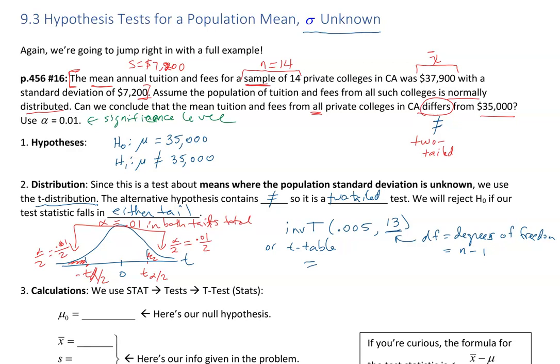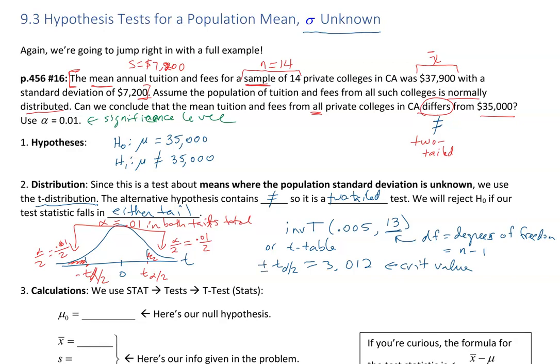Either way, we get the positive version of our critical value to be about 3.012. And so we have the positive version and also the negative version. When we redraw our picture in our comparison step, I'll put them both in there. Okay, that's our critical value.